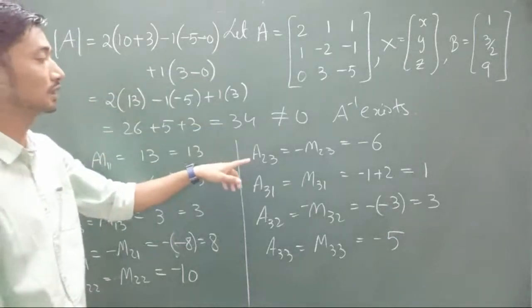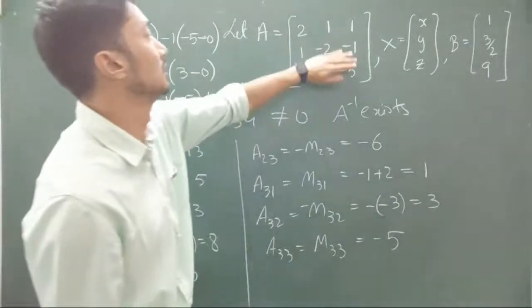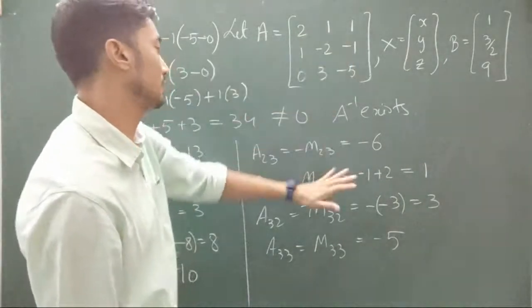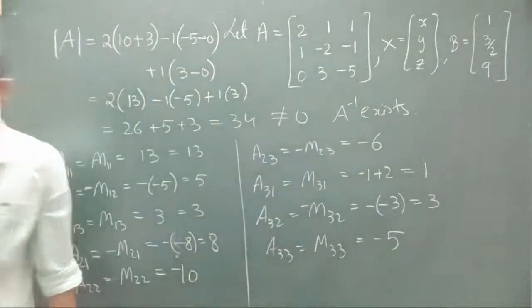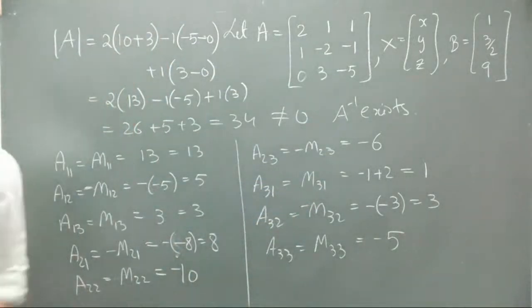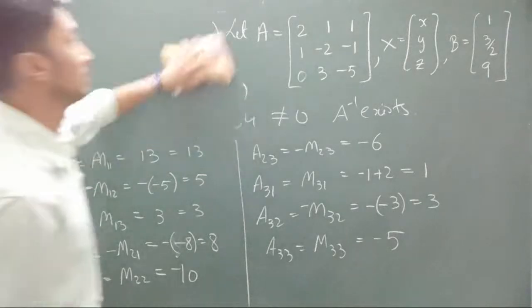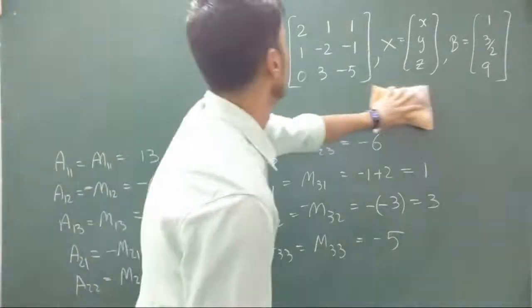M 2, 3. 2 3s are 6 minus 0, minus 6, no problem. All right, that's it, I guess. Now I don't trust myself. I do a lot of careless mistakes.